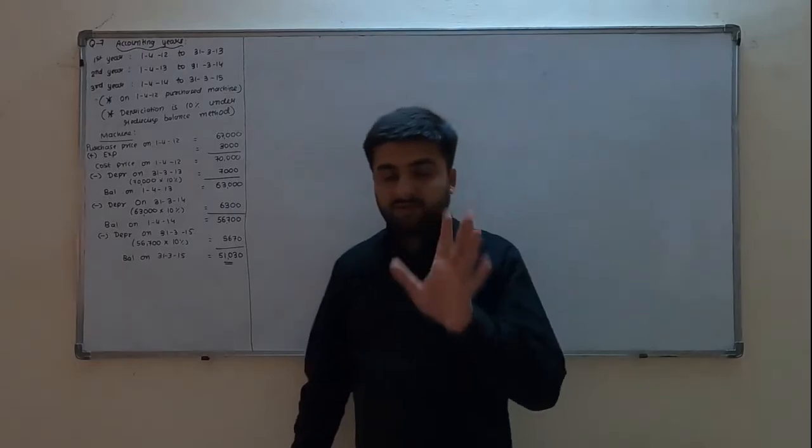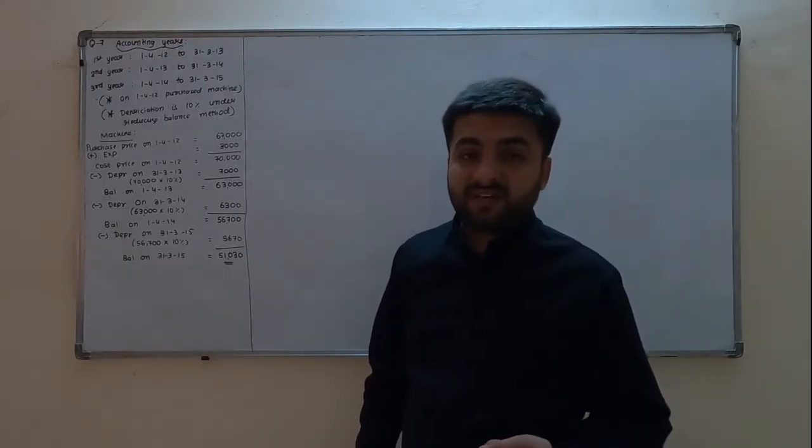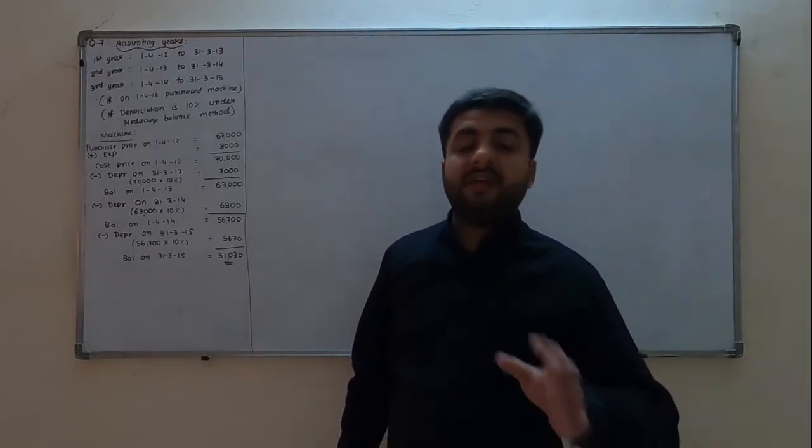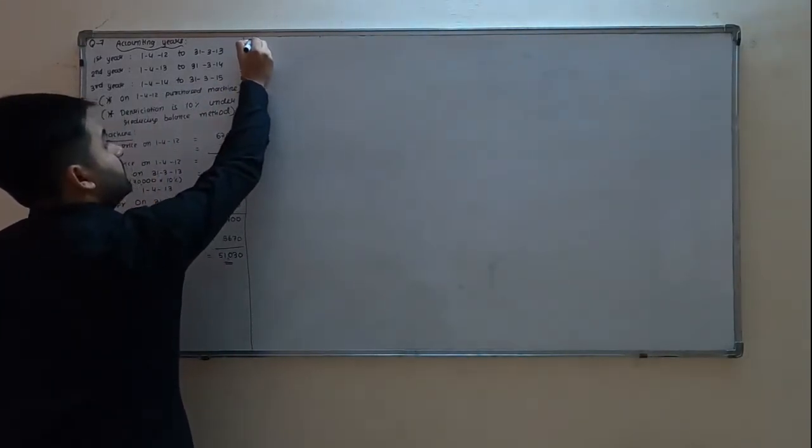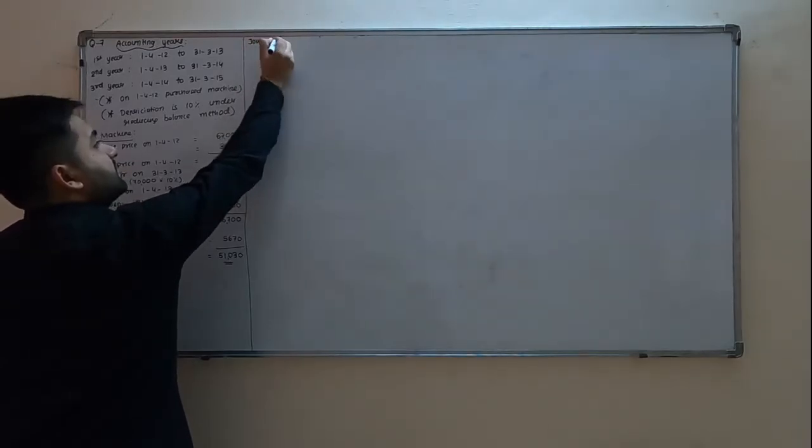Now what we have to do? First journal entries for 3 years, then machinery account and depreciation account for 3 years, and then accounting effect for first 2 years. So let's start. So now I will give the heading journal entries.